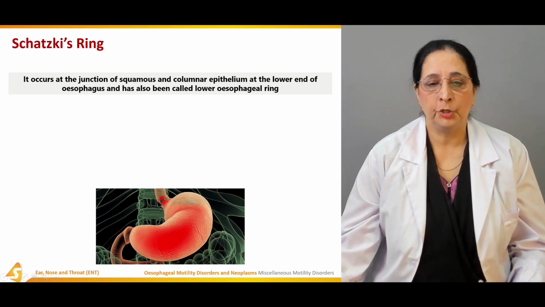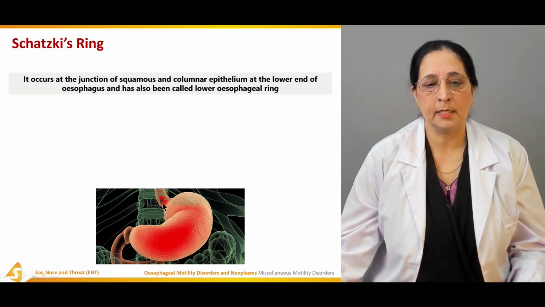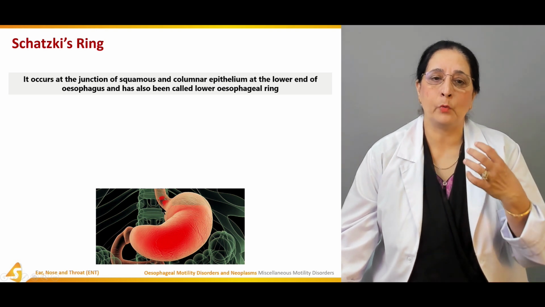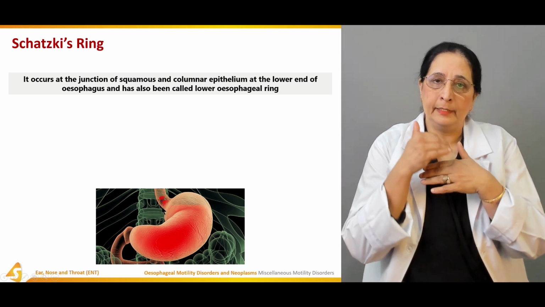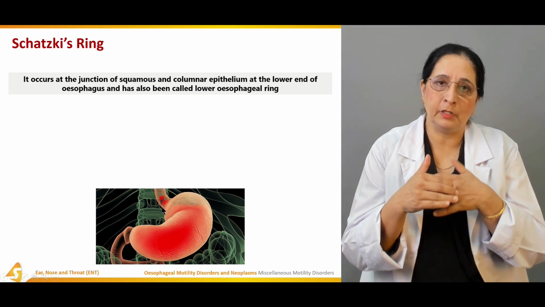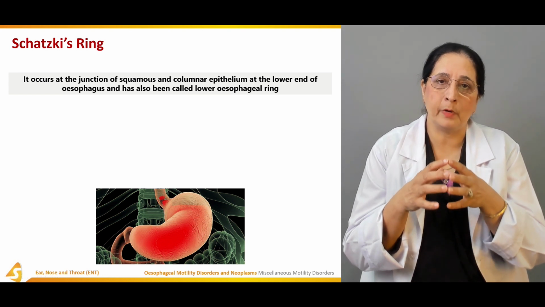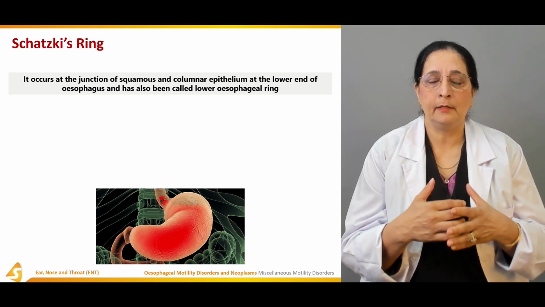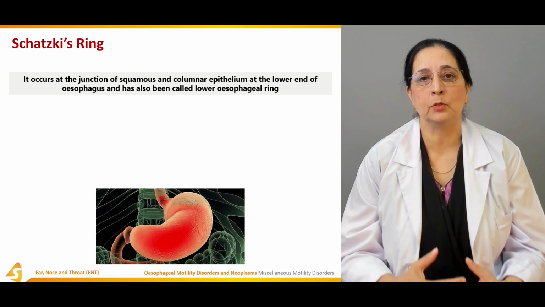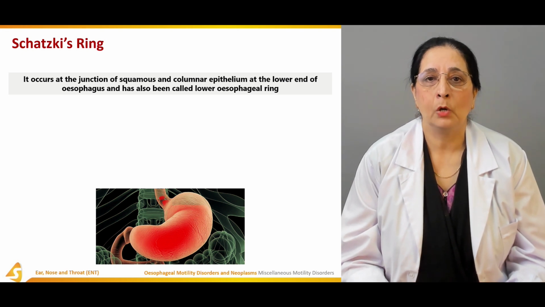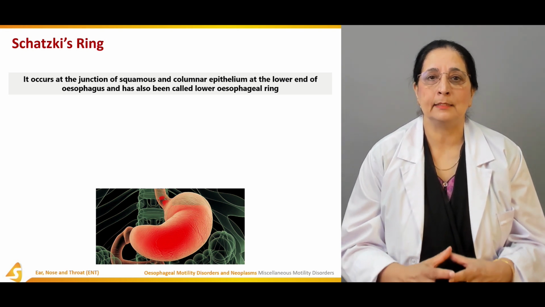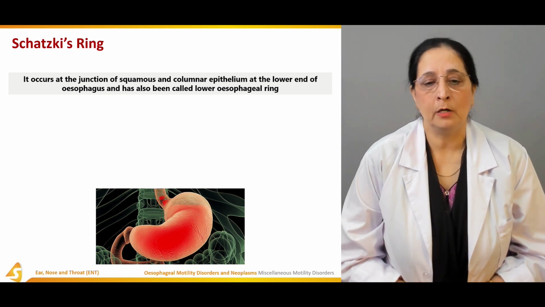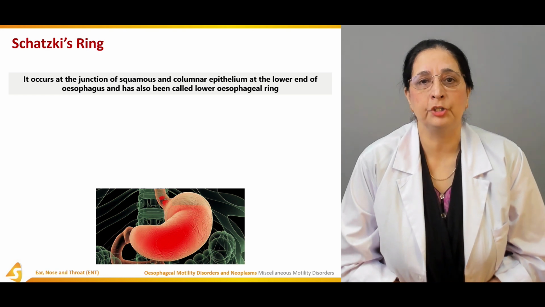The lower esophagus is affected, usually at the squamo-columnar junction, where there is a junction between the squamous epithelium and columnar epithelium, and that's the lower end of the esophagus where these rings are formed.